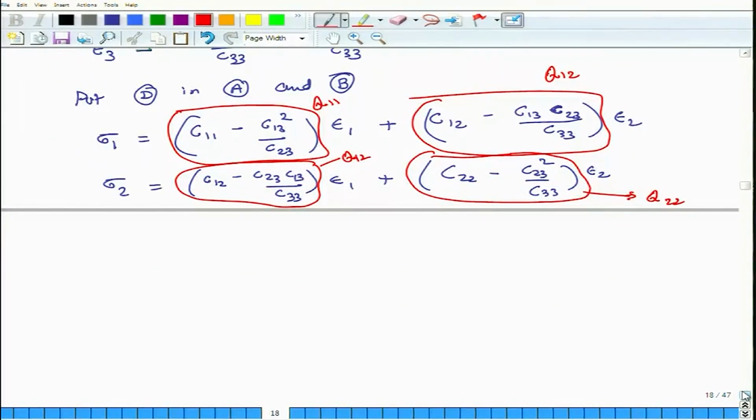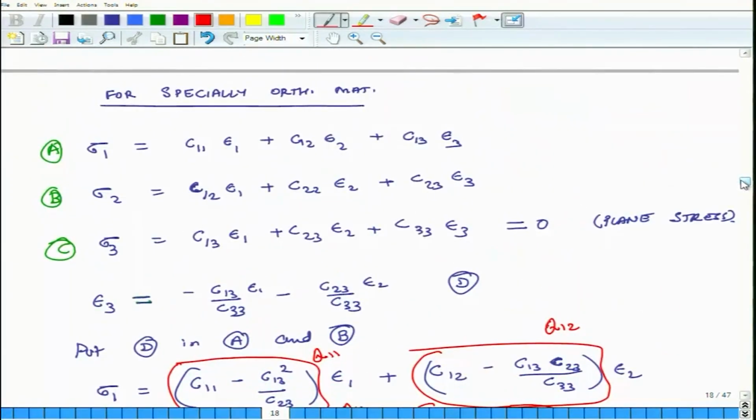So, we have developed expressions for sigma 1 and sigma 2 in terms of epsilon 1 and epsilon 2 for the plane stress state, because we have imposed the condition of epsilon 3 and sigma 3 being 0.